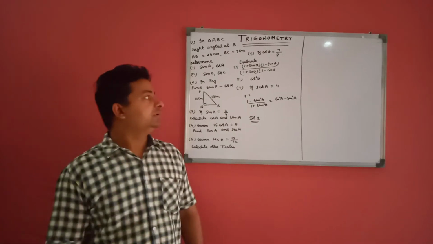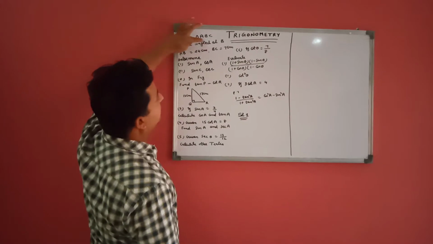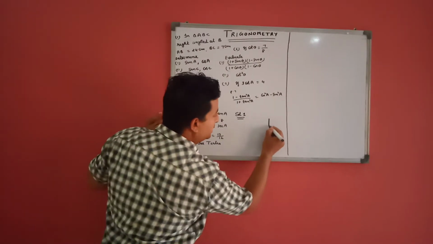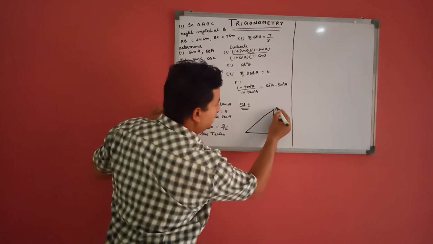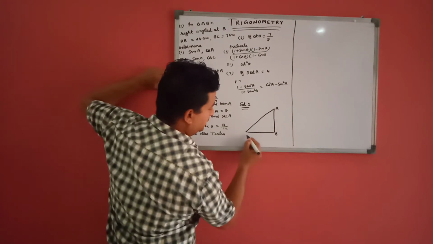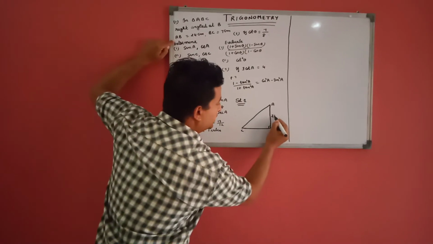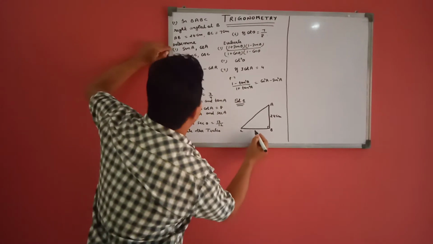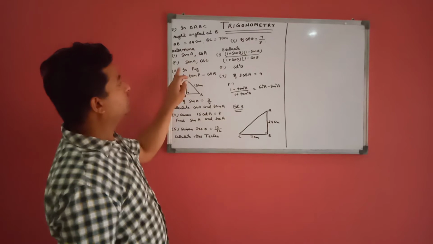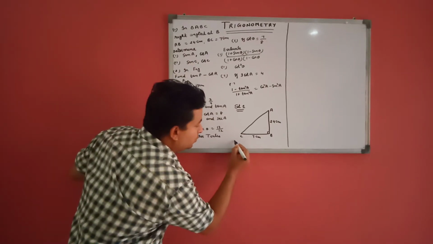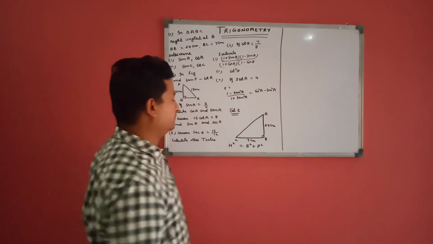There are some questions regarding this. The first one is: in triangle ABC, right angled at B, AB is 24 centimeters and BC is 7 centimeters. We are required to find sin A, cos A, sin C, cos C. According to the Pythagoras theorem, h square is equal to b square plus p square.